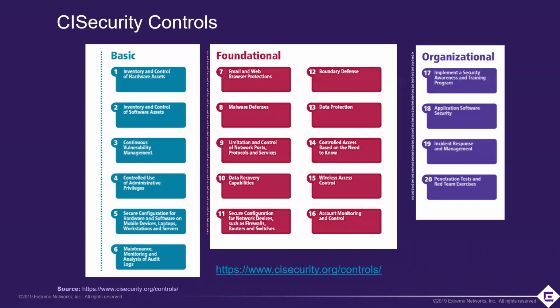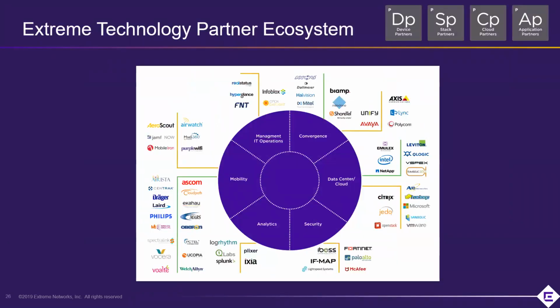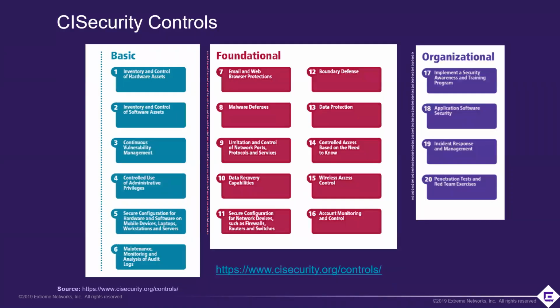Obviously, Extreme Networks focuses on many of these areas, but this is also where the ecosystem comes in, because if you look at the previous slide, you can see that we cover pretty much all of the groupings in CIS security through these different partnerships.